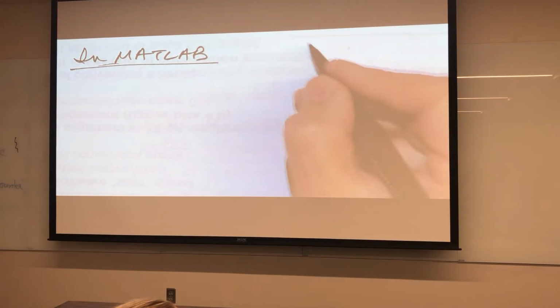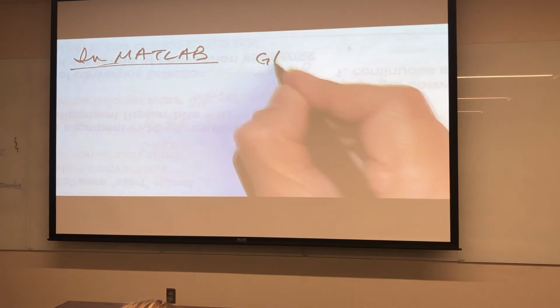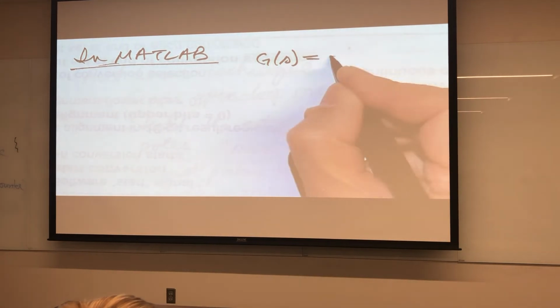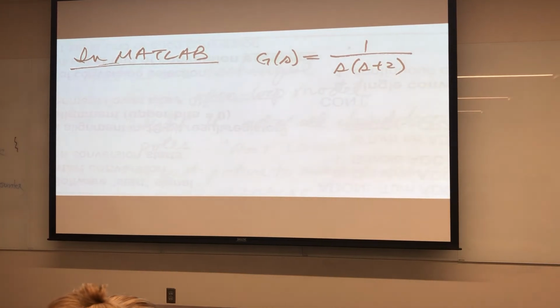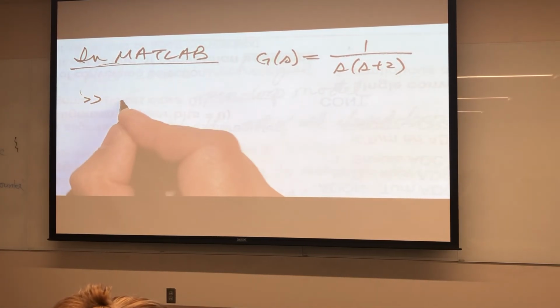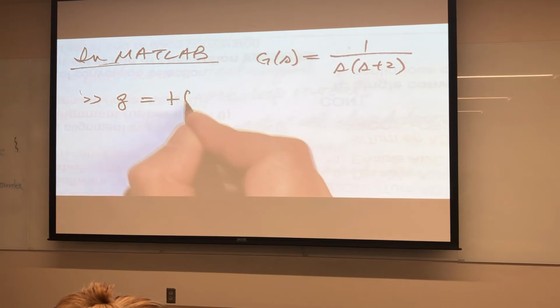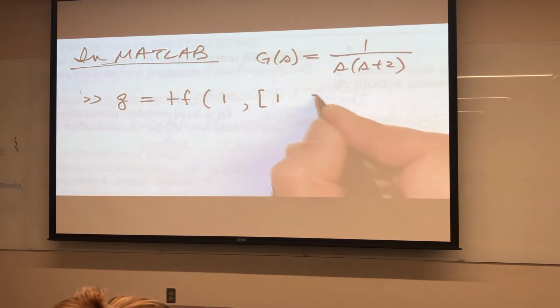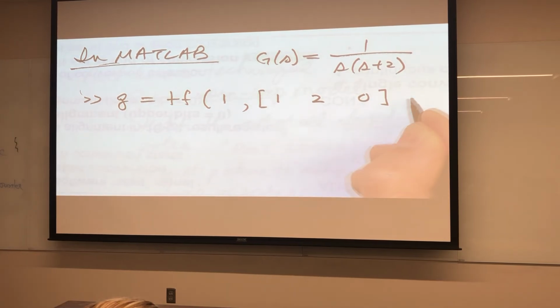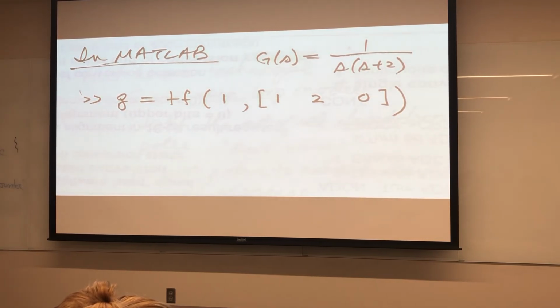Okay, so in MATLAB, we are given in our mind this model. And so what we're going to do is say g is a transfer function. The numerator is 1 and the denominator is s squared plus 2s plus nothing. Okay, so this is what we should be writing in MATLAB.